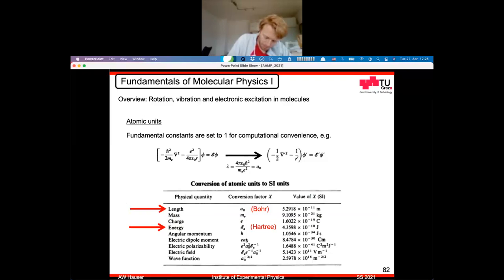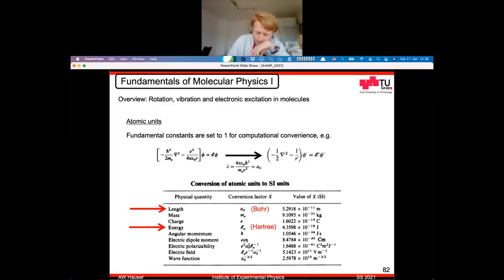We just set all these constants, such as the electron mass or the Planck constant, to 1 for the convenience of having a set of formulas that are easy to read, and we don't have to worry also when putting this into the computer about these issues of accuracy and the constants and whatnot.